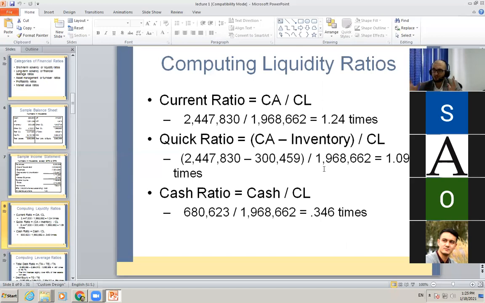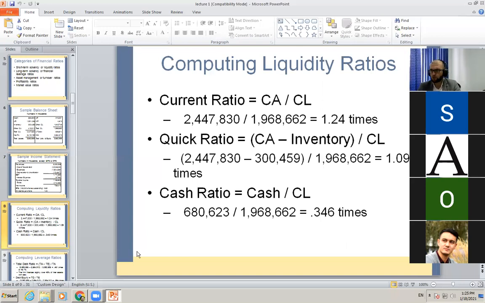But if you lack information on how the inventory is being managed, how frequently they are utilizing their warehouses, how frequently they are reselling and getting the cash, then you could conclude that there is no need for the inventory to be excluded. I can just use the current ratio as a normal liquidity ratio, to measure the liquidity position of a certain company and to compare with the industry, or with the competitors.